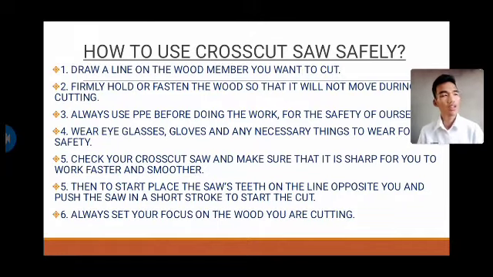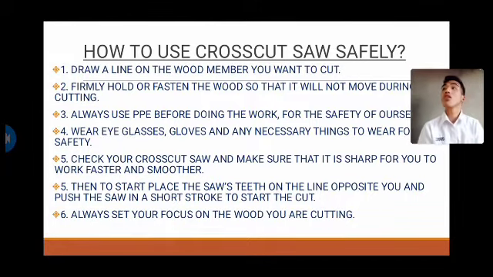Okay, and even in carpentry, some of the carpenters are meeting accidents because they are not focusing. They are doing their work, using power tools, and they are not focusing.